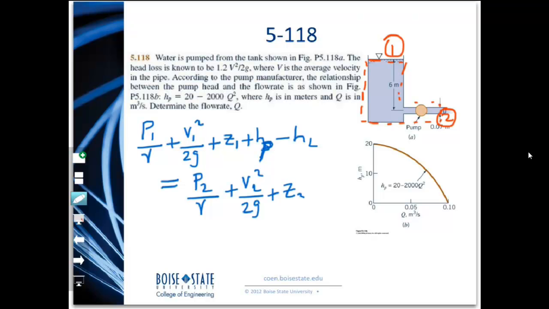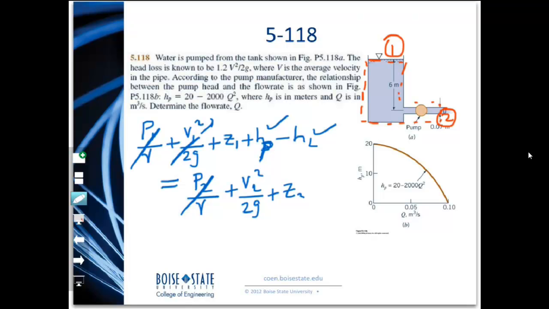Okay, so at this point let's see what things we can neglect. P1 and P2, same idea, they're exposed to the atmosphere, zero gauge, right? V1 is 0, large tank, and we know HP, we know HL, right?